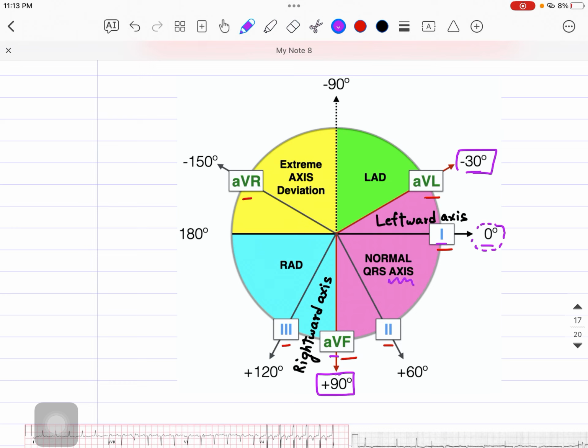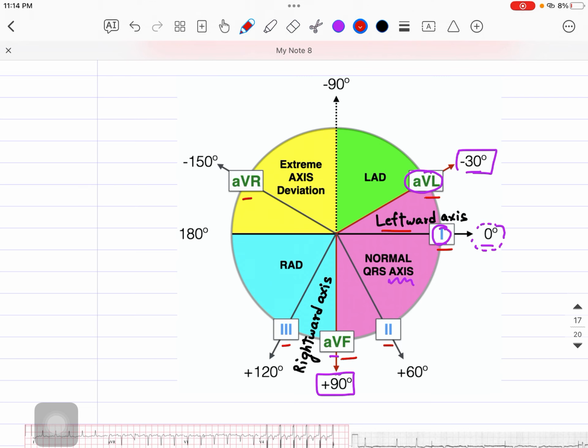Now if some patient's axis is falling between lead number 1 and AVL, I will tell you in detail how to check into the ECG. If somebody's axis is falling between lead number 1 and the AVL, that is called the leftward axis, which I wrote over here as well.